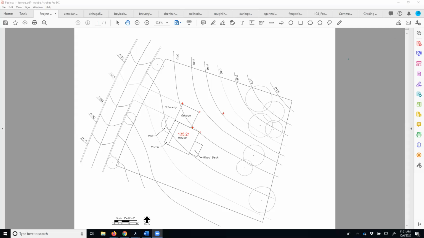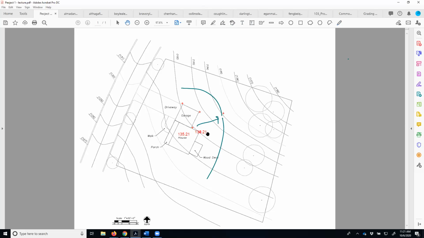If that's a 135 and we're going away from the building to get a high point of swale, and then we're going to be running a swale around this way and around that way, that means if we go downhill from that building, let's start by dropping 6 inches, half a foot, and that's going to get us to an elevation down here of 130.21.